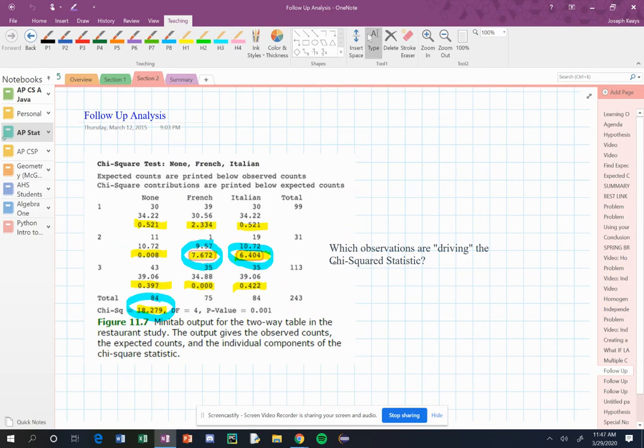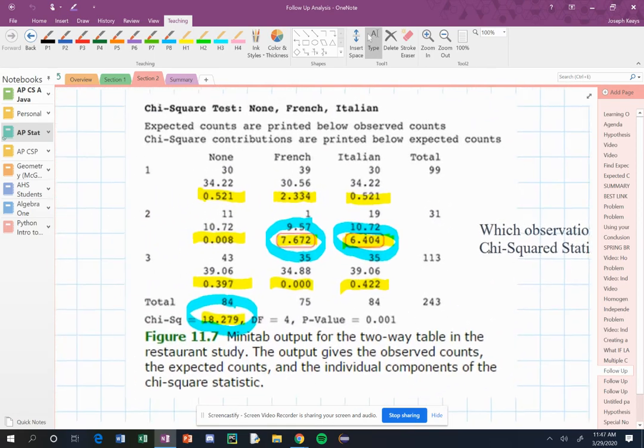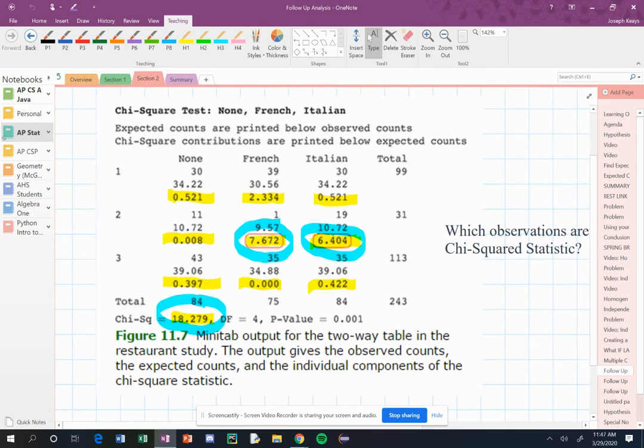So here is a situation in an FRQ where they're going to give you information about all 9 outcomes. So what are the 9 outcomes in here? This is the contextual one where they play different types of music, and then they're trying to see whether or not people order French, Italian, or some other dish based upon the music that's playing in the background.